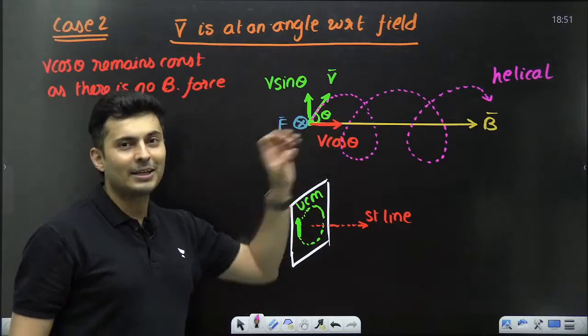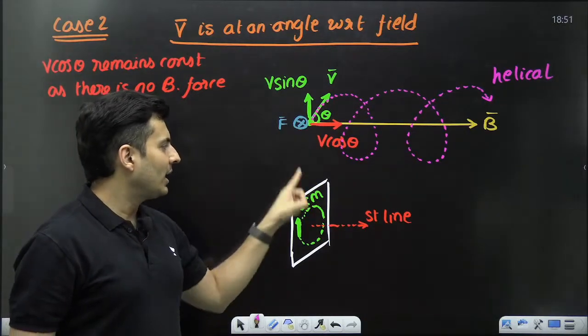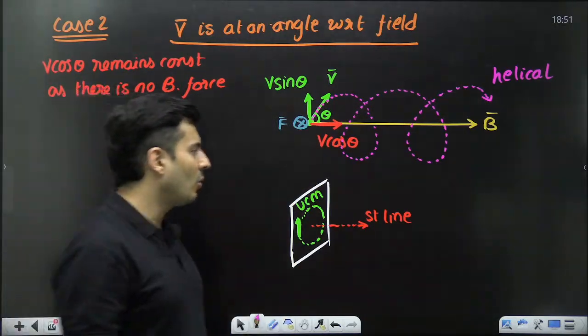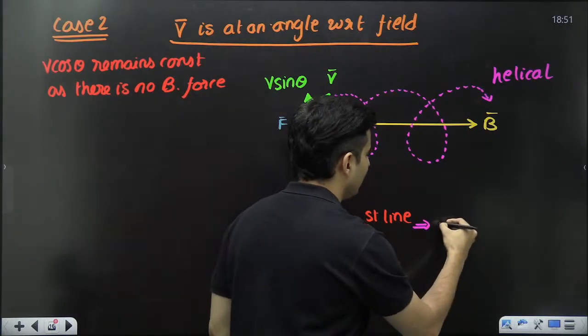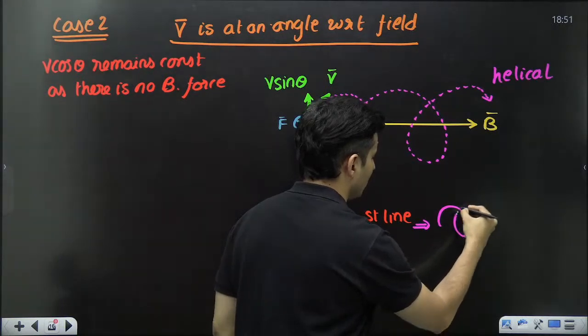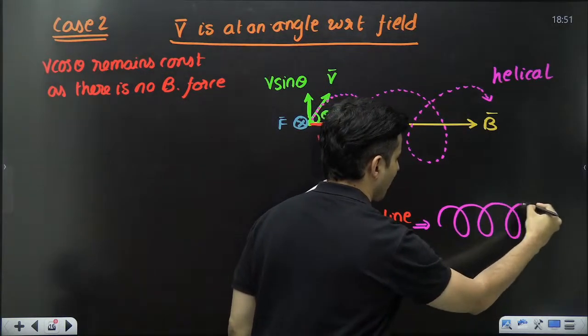So this is helical motion. Now when you talk about a helix, there is a very interesting quality of a helix. Both of them together basically give you this spring-like motion.